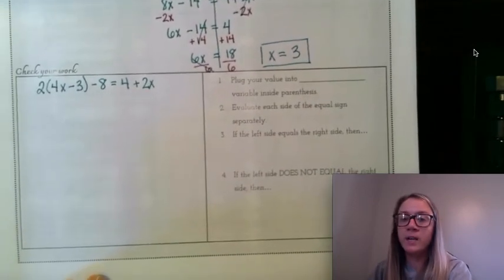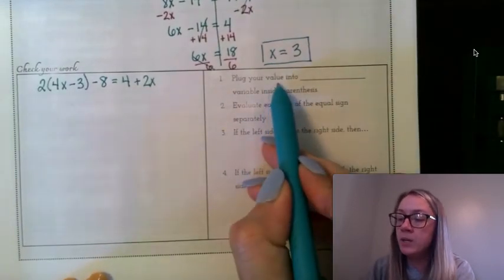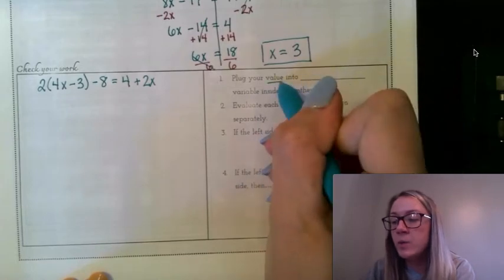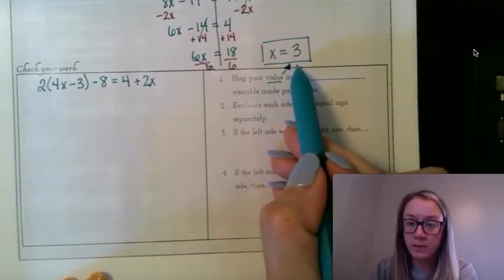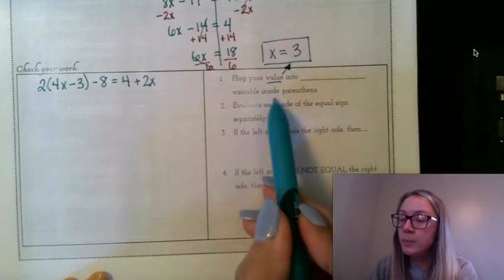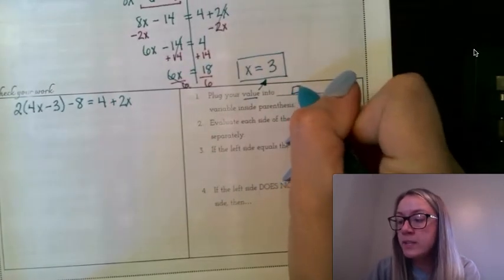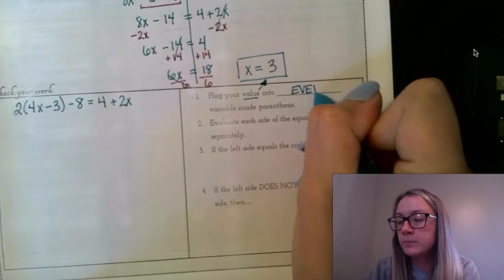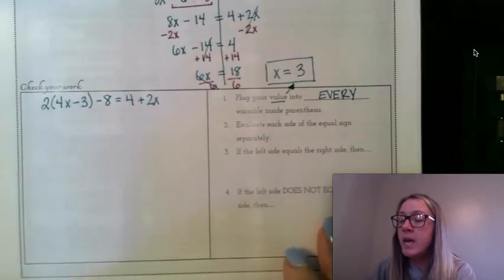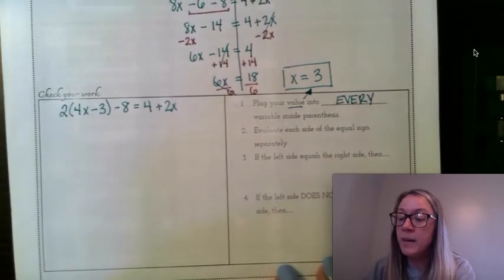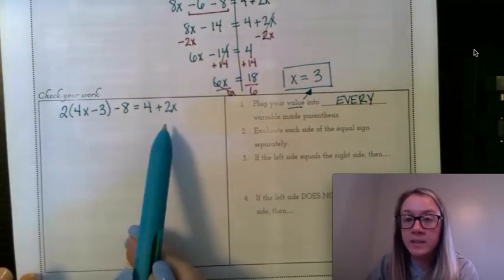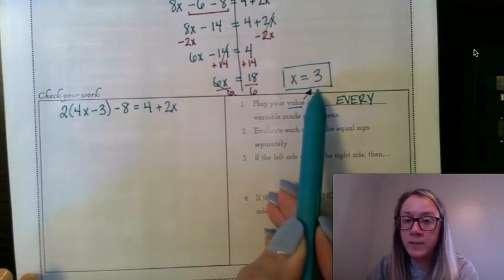So the first thing I want to do is I want to plug in your value. And when it says value, we're talking about what we think the answer is, which we think is positive 3. So we're going to plug that into every single variable that we see. And we want to make sure that we're doing it inside parentheses. So what that means is anytime I see an x, I'm plugging in a positive 3.